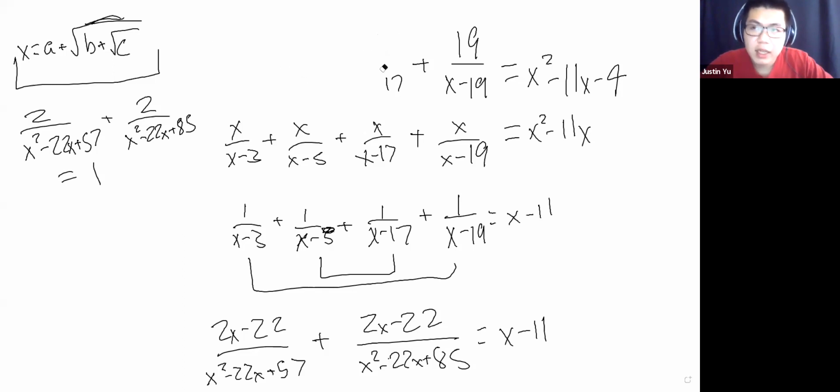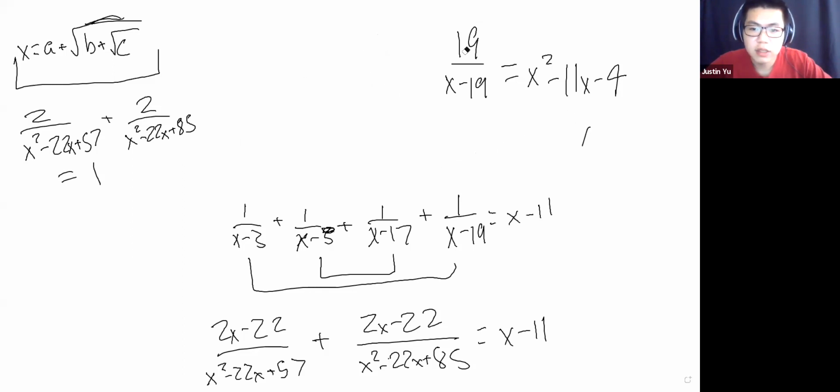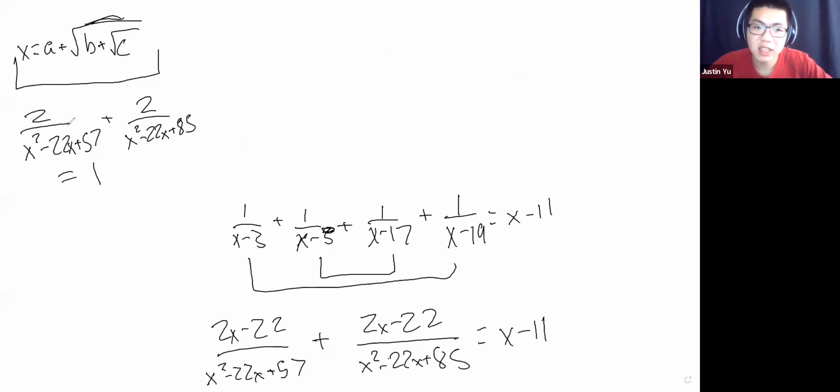So now we're going to need to make another substitution. Take the reciprocal of both sides. That's actually going to force us to combine these, which we definitely don't want. All right, let y be x squared minus 22x plus 57.